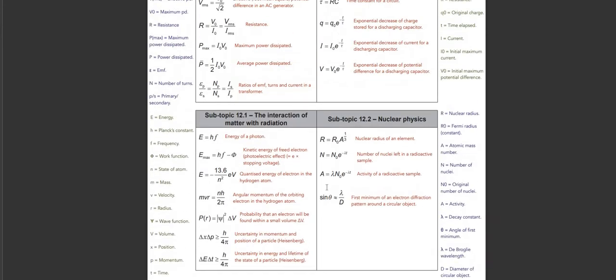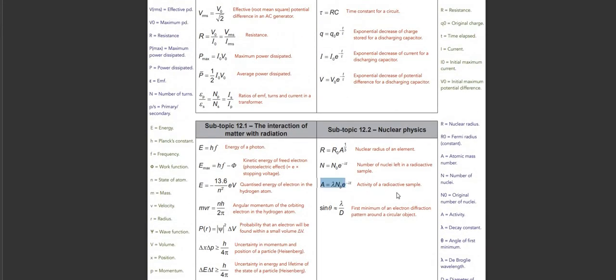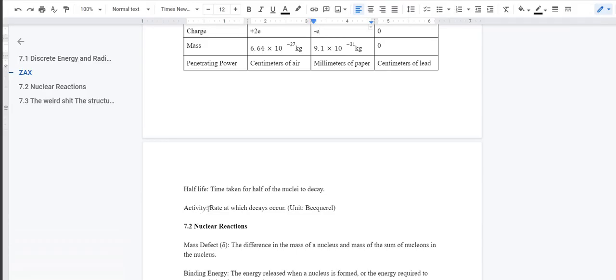And of course, you also have the activity, which is essentially just the derivative of it. Activity is the rate at which decay occurs. Its unit is the becquerel, which is also just decays per second.